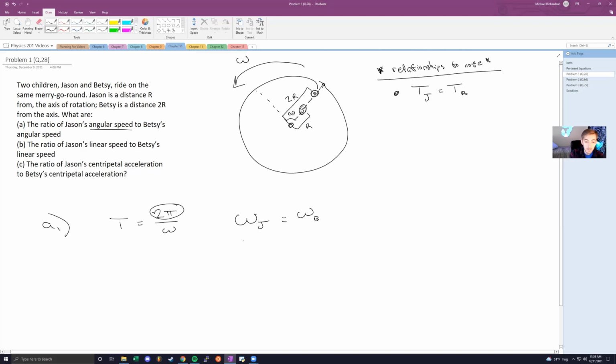So in other words, this will be true if and only if their periods are going to be equal. So the ratio of their angular velocities, specifically Jason's over Betsy's, which is what the problem is asking, is just going to be 1.